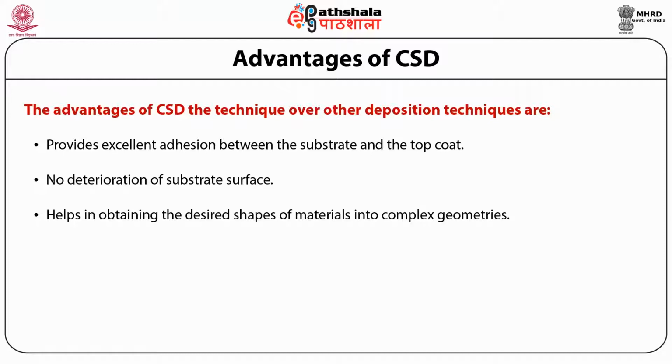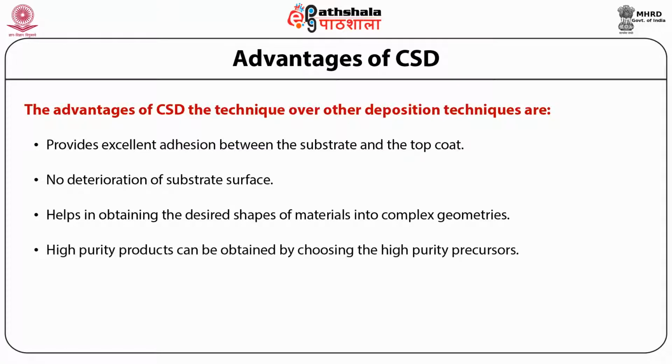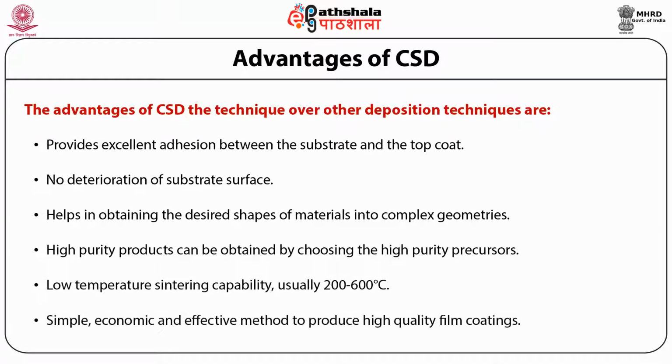Number four, high purity products can be obtained by choosing high purity precursors. Number five, low temperature sintering capability, which is usually between 200 to 600 degrees Celsius. And lastly, the CSD technique is a simple, economic, and effective method to produce high quality thin film coatings.